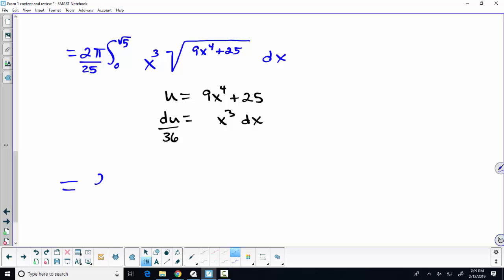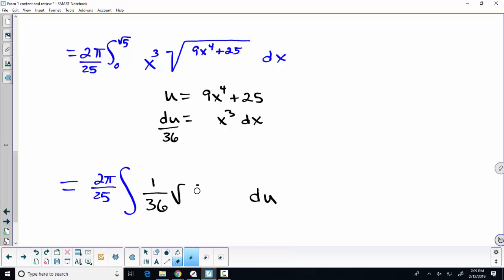So we still have 2 pi over 25 times the integral. This becomes 1 over 36 du. We have the square root of u, let's write it as u to the 1/2, du.